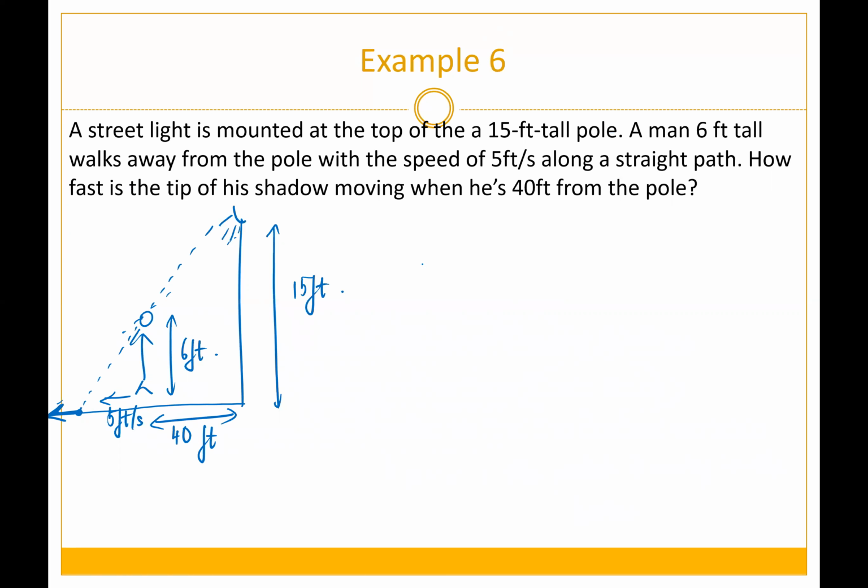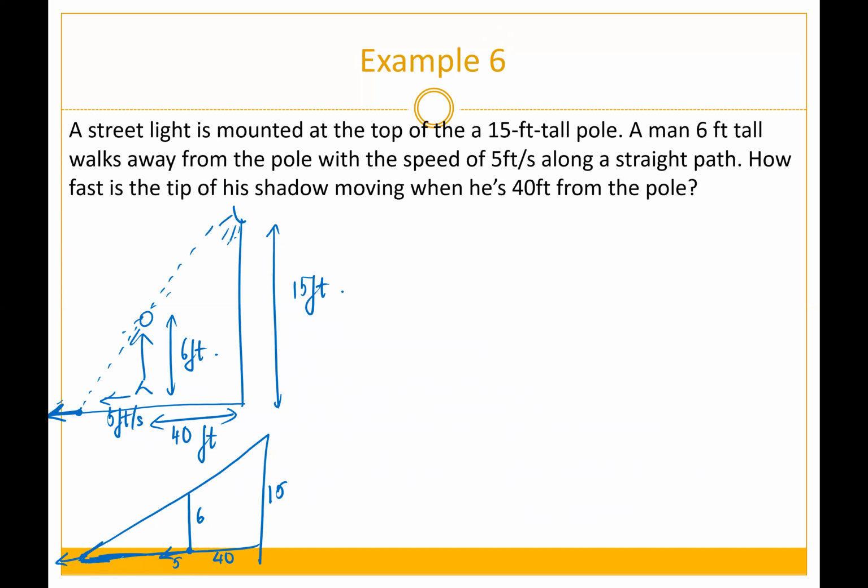Now, if you just redraw it to make it easier to look at, this is 6, this is 15, this is 40, and this thing is moving over here with 5, and it's asking what is the movement of the horizontal one, because this is the shadow that he has.